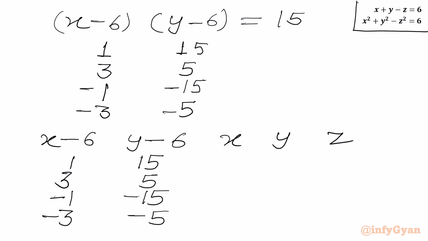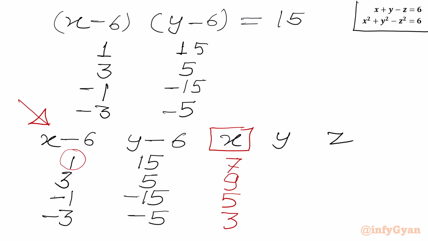So if we have to calculate x from this column, then I have to add 6 to our column x minus 6. So let us add 6. 1 plus 6, I will get 7. 3 plus 6, 9. Minus 1 plus 6, 5. Minus 3 plus 6, 3.